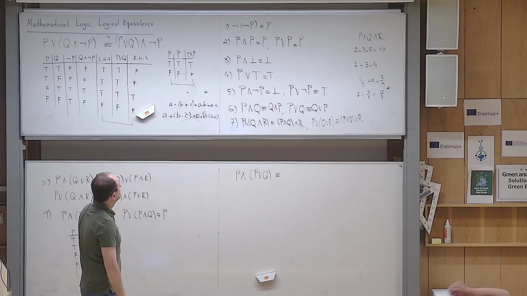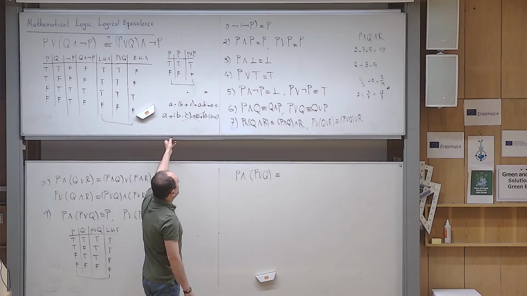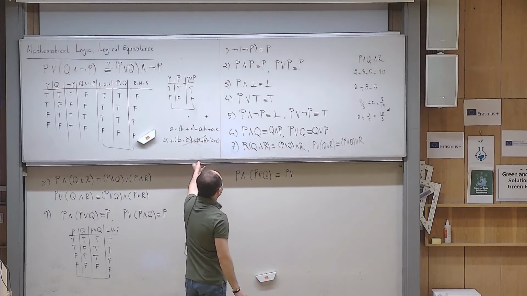Yes, I think there are some laws that I have to write down. Because I want to write this in a way P or, there are some laws that I don't know, for some reason I haven't written them down.